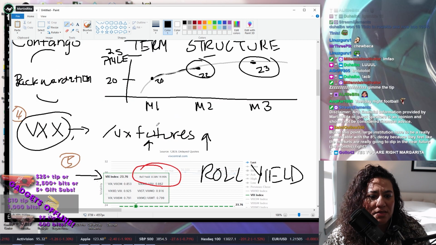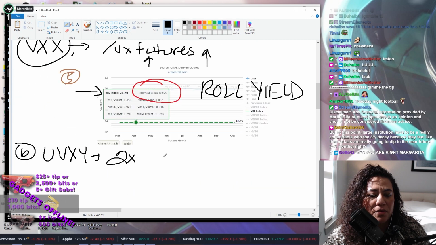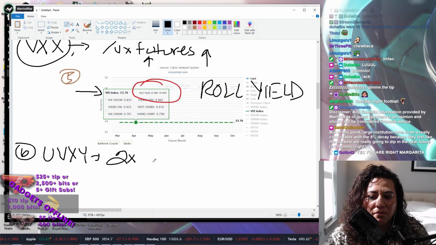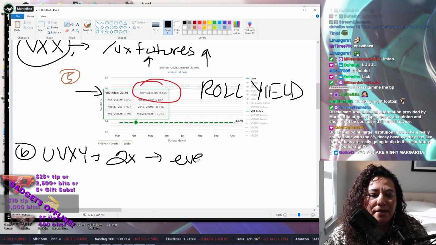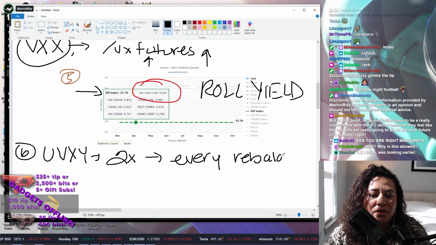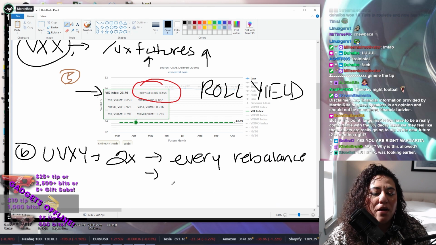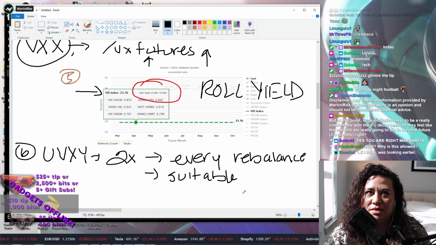So instead of the 70-30 split that I showed you before, they're doing a 70-30 split, but with borrowed money. And every day they rebalance, right? What does that mean? You're literally buying into almost a strategy, right? This product is not suitable for almost anybody.